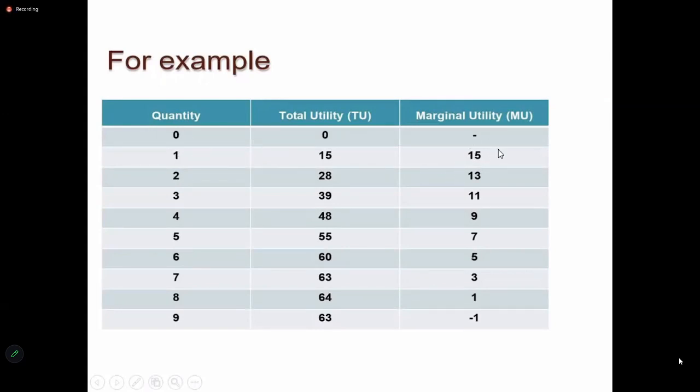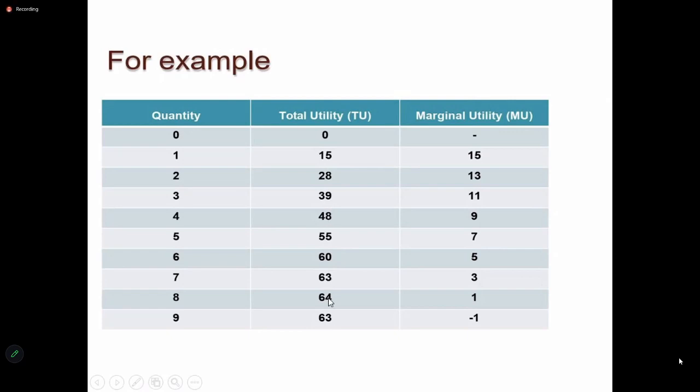Then it comes as 7.5. Because your calculations are better than mine, I think you can all calculate marginal utility very easily. So the differences: 15, 28, 30, 28, 29, 39, 11, and finally 64, then total utility decreases.